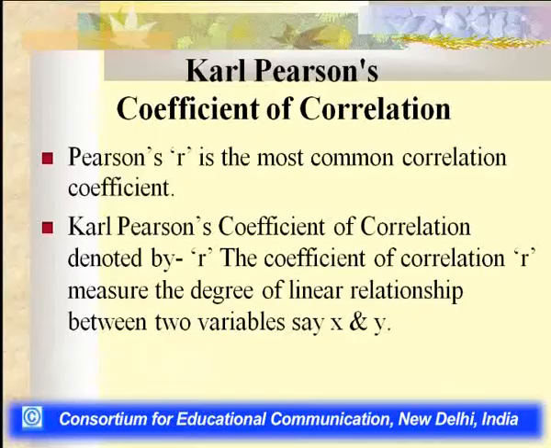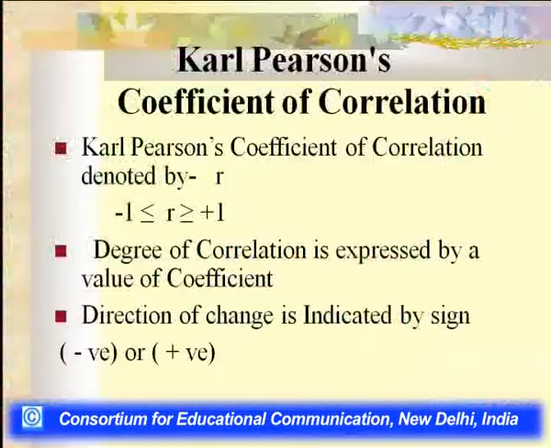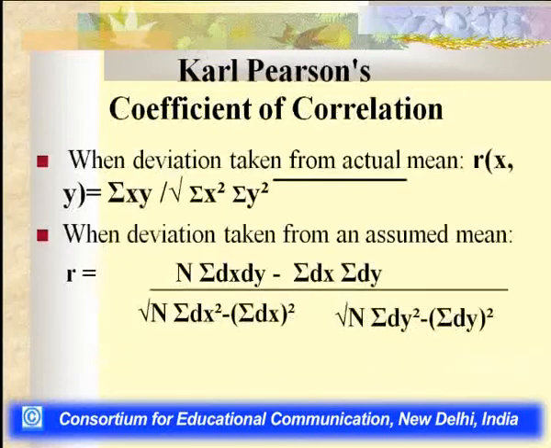This is the most simple and efficient mathematical way of finding out the coefficient of correlation, propounded by Karl Pearson. It varies from +1 to -1. The degree of correlation is expressed by the value of the coefficient. The direction of change is indicated by a sign, that is negative or positive.